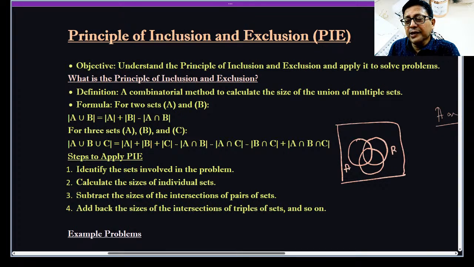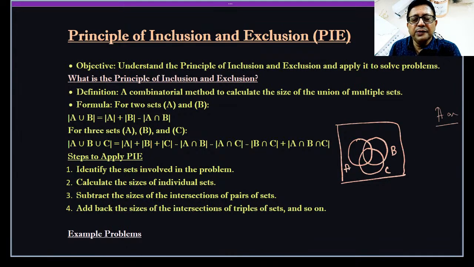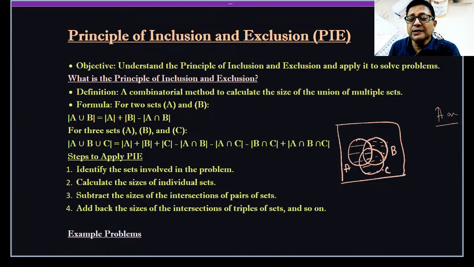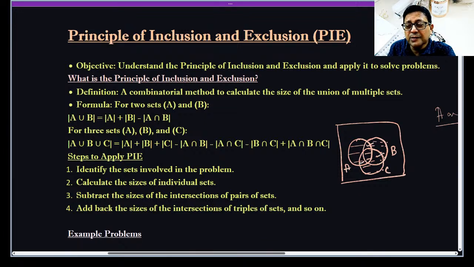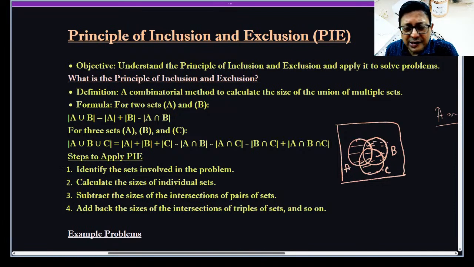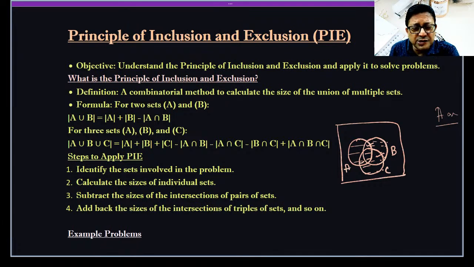This is A, B, C. Number of elements in this union will be number of elements in this set A minus number of elements in set B minus number of elements B in C. From there you have considered this part twice, subtract, subtract, subtract, but this part is subtracted many times, that's why we have to add it once.